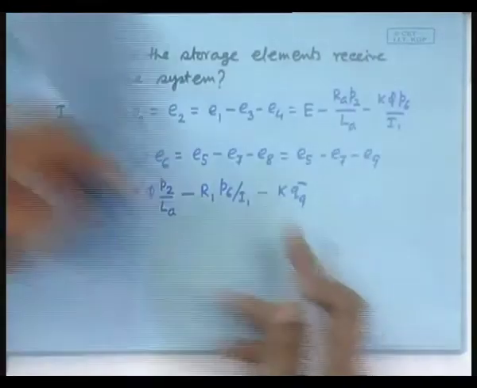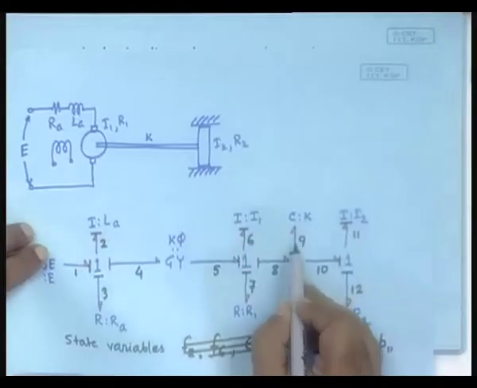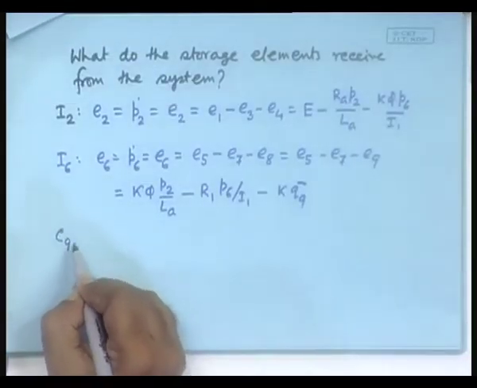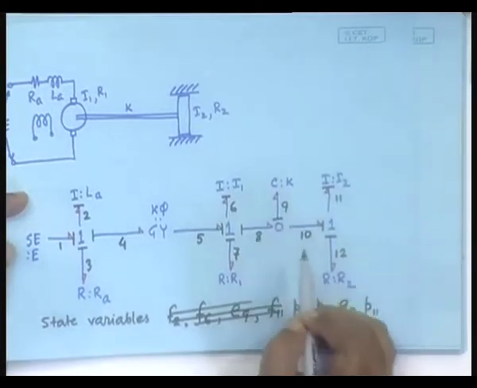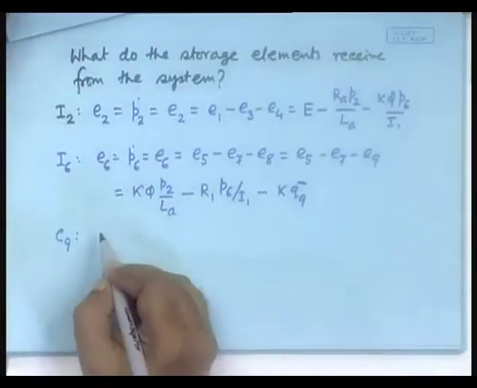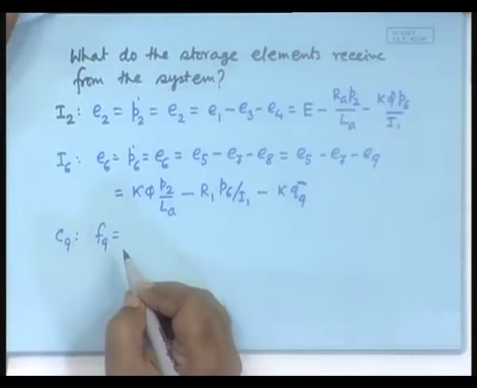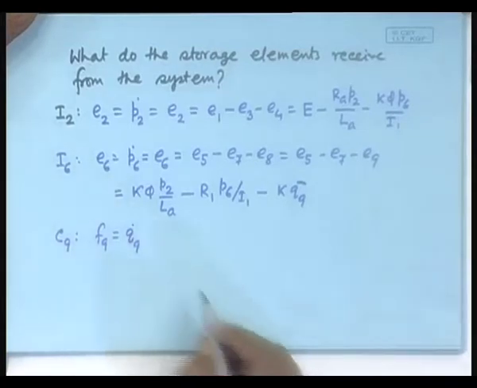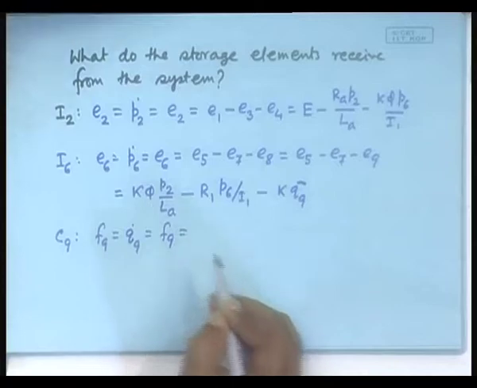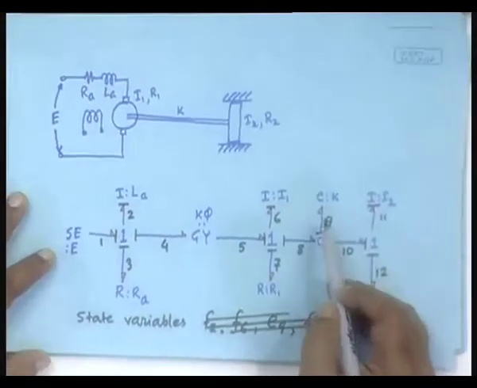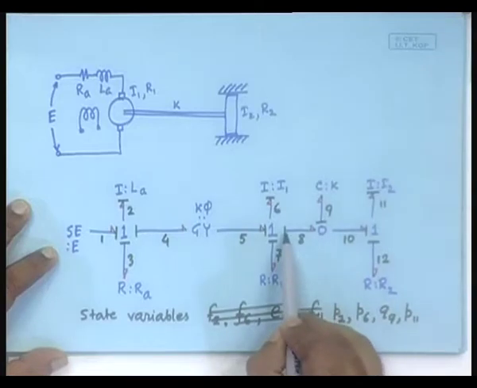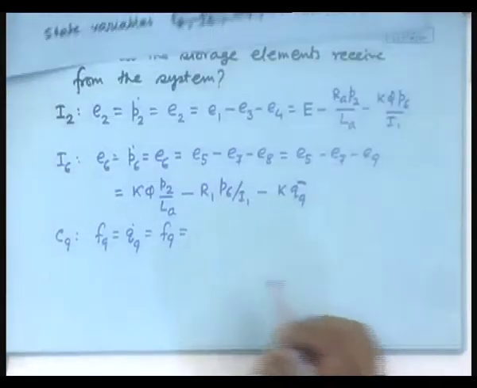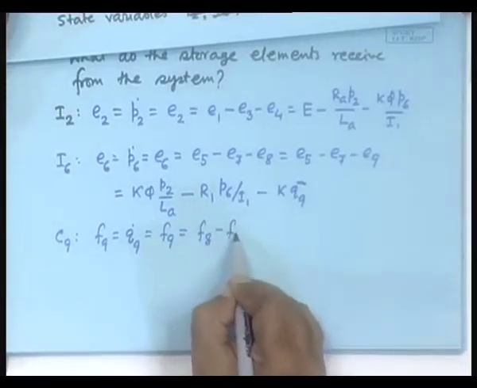Now, we ask this question in relationship to this one, which is C in the bond 9. It receives flow F 9, so Q 9 dot is equal to F 9, and then we scout the bond graph to find out where F 9 comes from. F 9 is F 8 minus F 10 in this bond.